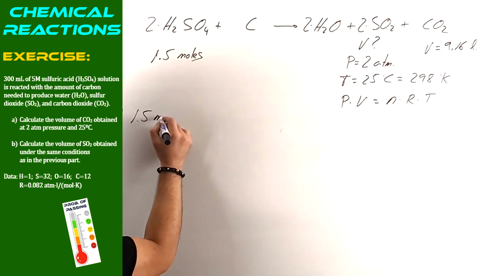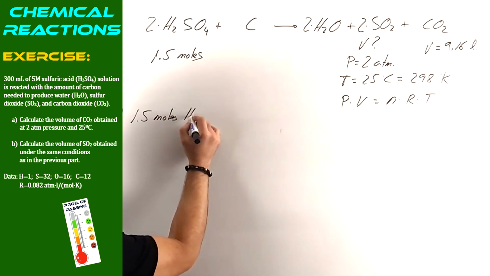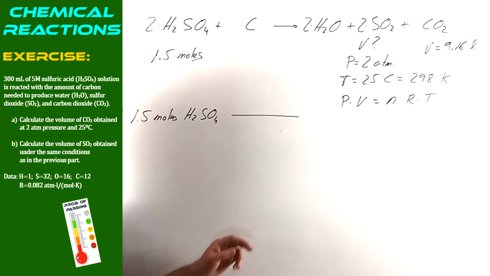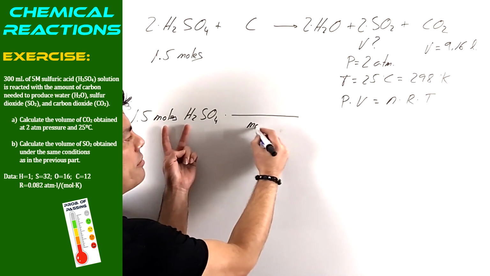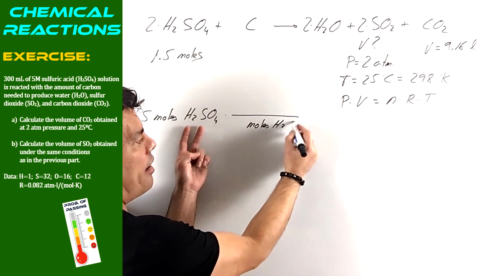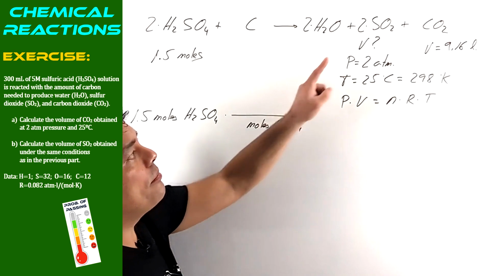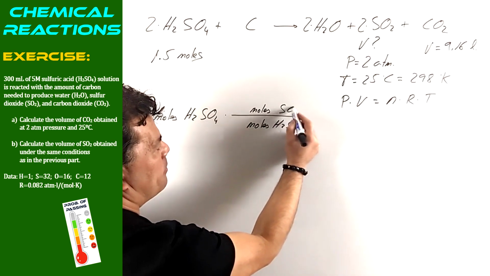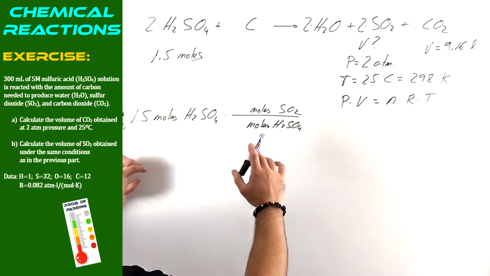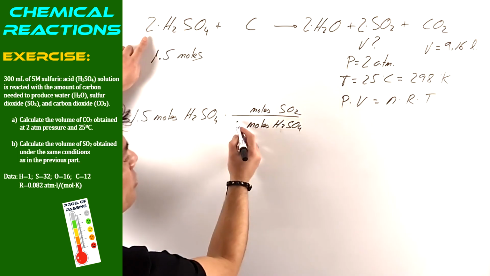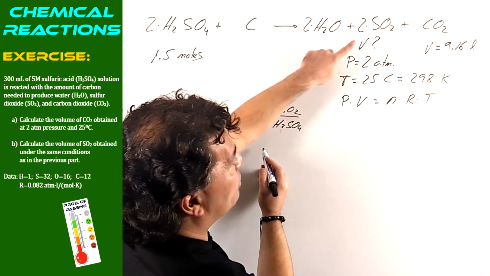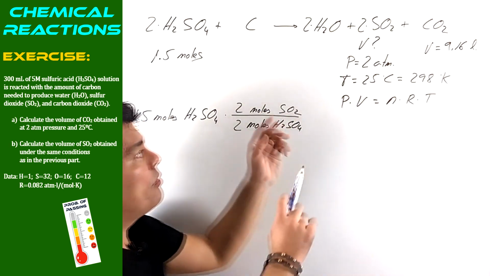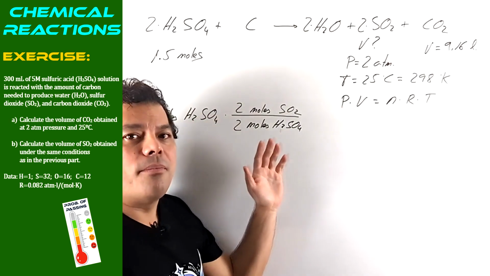1.5 moles of sulfuric acid. This conversion factor will help us to move from moles of sulfuric acid to moles of sulfur dioxide. There comes the stoichiometric coefficient, 2 for sulfuric acid and also 2 for sulfur dioxide, which means that the stoichiometry between these two substances is 2 by 2.